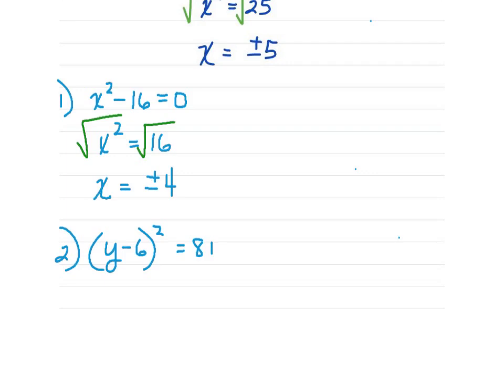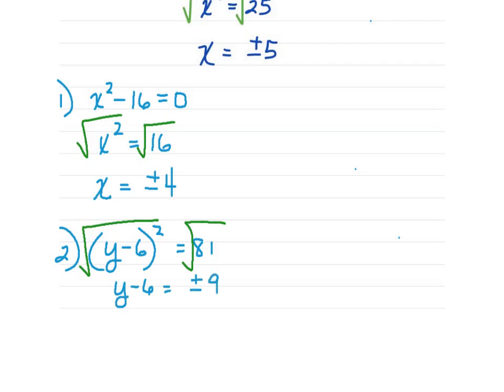The parentheses are there because the expression is being squared, so we need to undo that. The opposite of squaring an expression is to find its square root. So, y minus 6 squared, if I find the square root of that, it's y minus 6. And the square root of 81 is positive and negative 9.